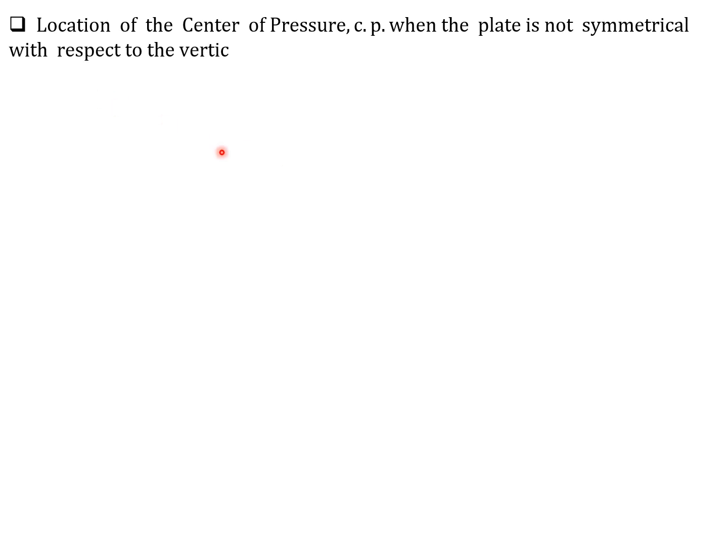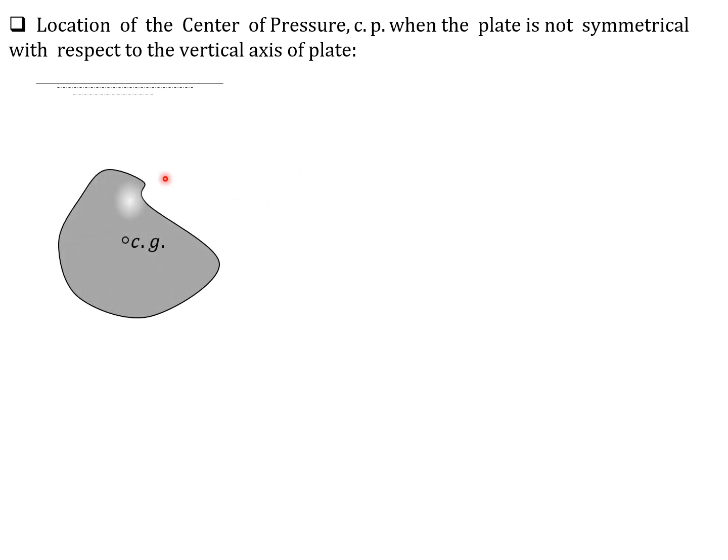So for the location of the center of pressure CP, when the plate is not symmetrical with respect to the vertical axis of the plate, so for instance, this is the situation, but it is continuous. For example, the edges are continuous, so that we can express the edges in terms of a single variable, or we can define it by an equation.